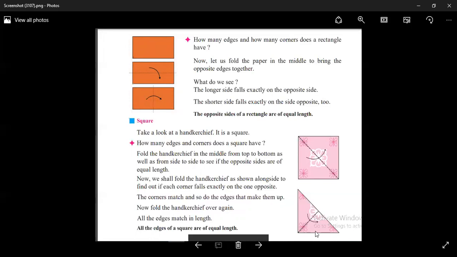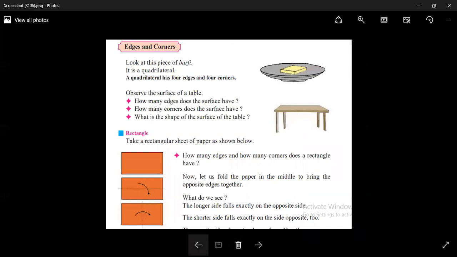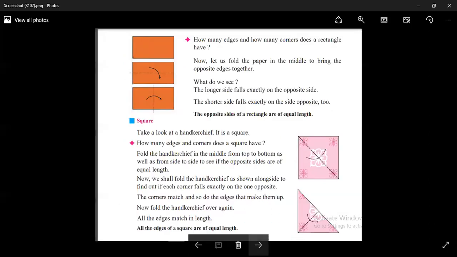So this is the third geometrical figure which we have learned, that is the square. The first one was quadrilateral, and then, let's go to the previous picture, rectangle, quadrilateral, and the third picture just now we have learned about the square.